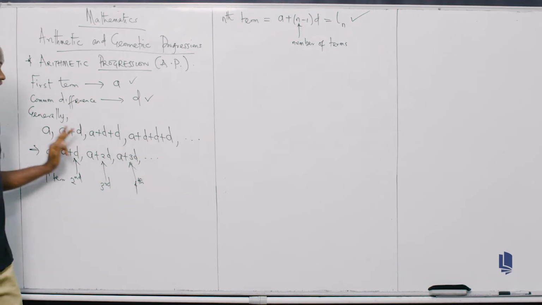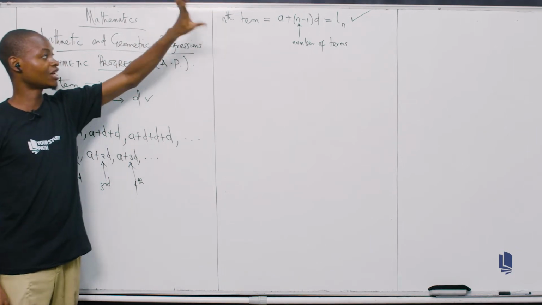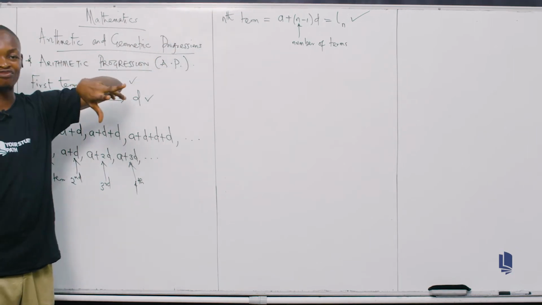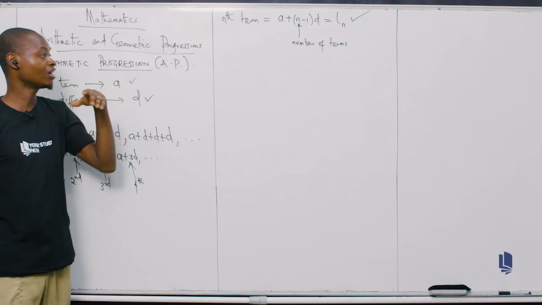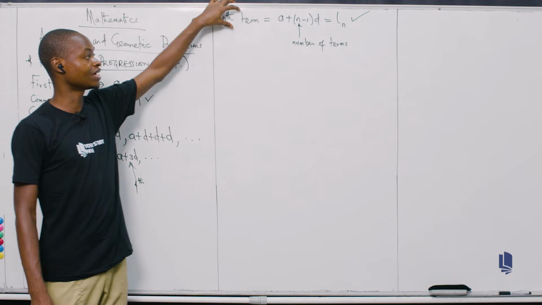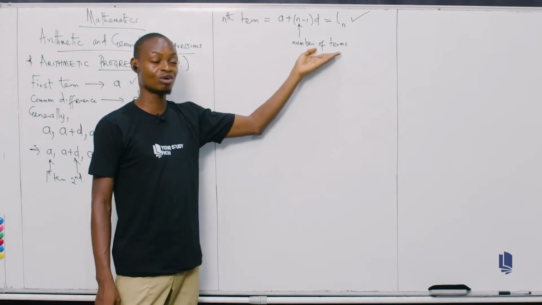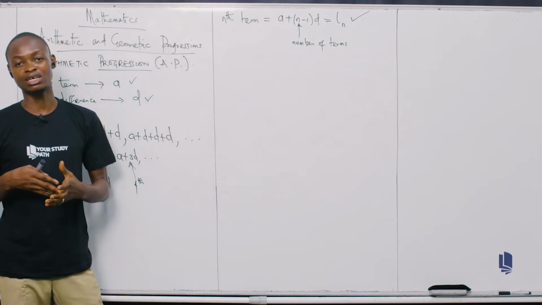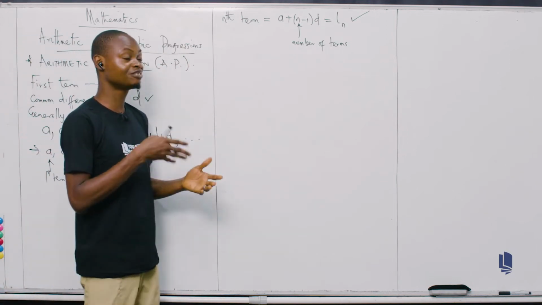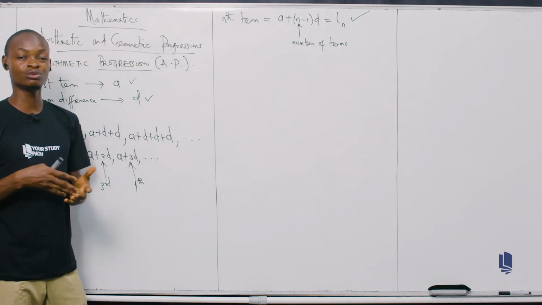I can now generalize this concept to get the nth term, which is the term at any value it is, whether it's 50, whether it's 51, whether it's 85, and so on and so forth. So we have the nth term, and from the nth term we can bring out the concept of number of terms, which is how many terms exactly am I counting at. So if I'm looking for the 50th term, that means my n will be equal to 50.